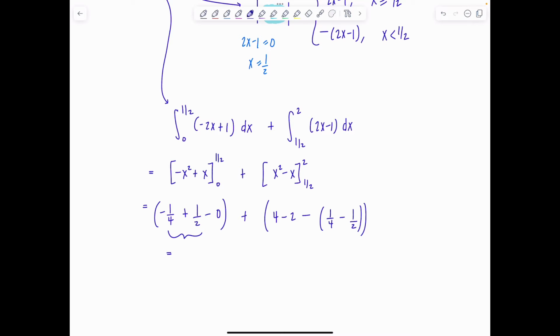Negative 1/4 plus 1/2 is positive 1/4 plus 4 minus 2, that's 2. And then this is minus 1/4 plus 1/2. If I distribute the negative, then these 1/4s cancel. I just have 2 and 1/2, which is 5/2.